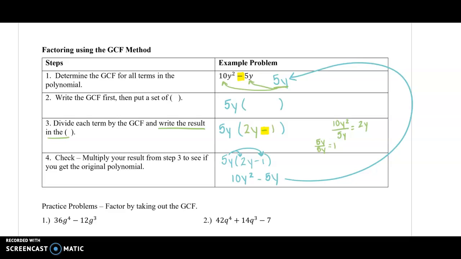Since that gives me what I started with up here, I know that 5y times 2y minus 1 is my answer. That is the factored form of the expression that we were given. Okay, so that's what we're doing. We're working backwards to figure out what would have been outside that parenthesis that I would have distributed through to get that answer. We're doing the exact opposite of what we were really doing before.